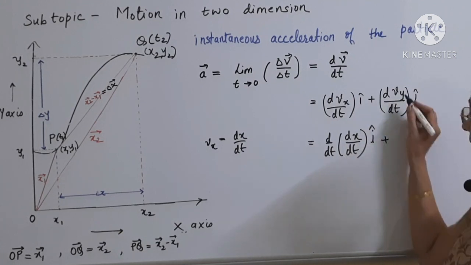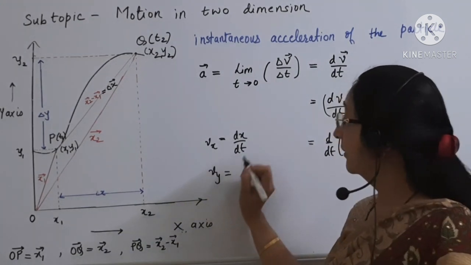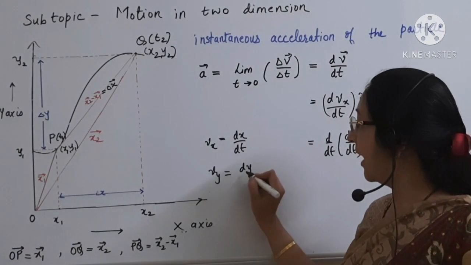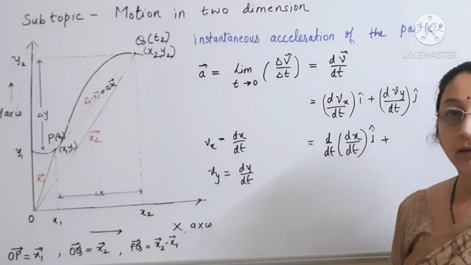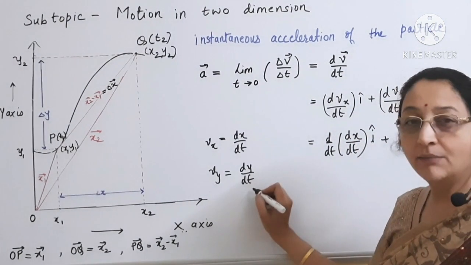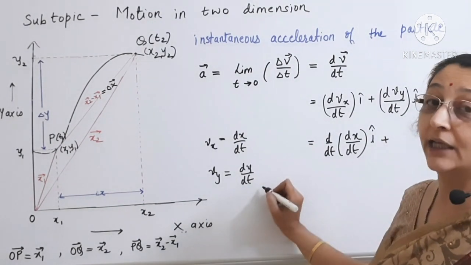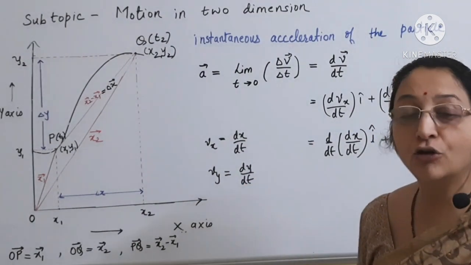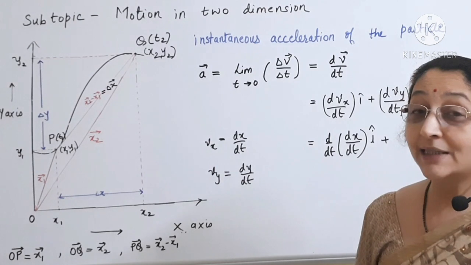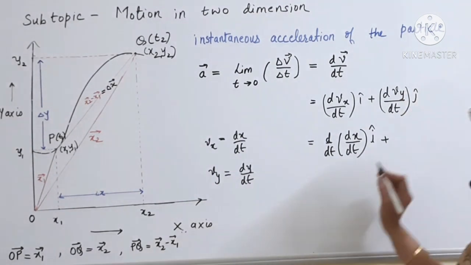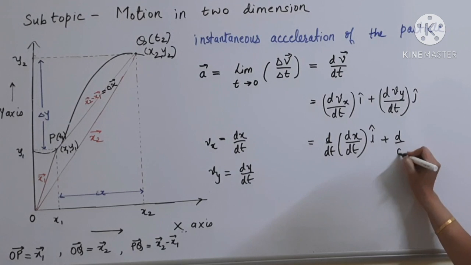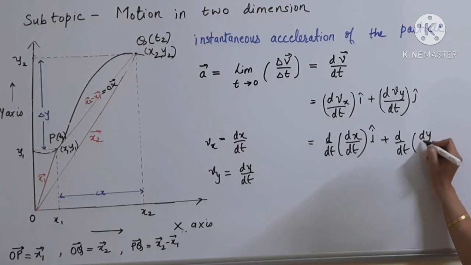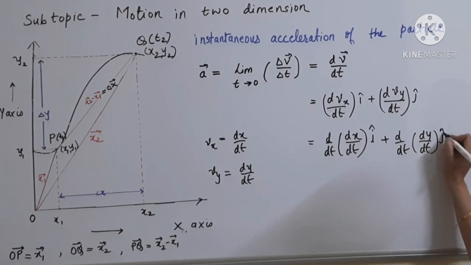Now इथे आता हा vy आहे. vy is the velocity along the y direction. किती आहे? dy upon dt, the change in position upon the time taken. So d, पण हे limiting value आहे. इथे ही जी value आहे ती instantaneous value आहे. ही instantaneous velocity along the x direction आहे. ही instantaneous velocity along the y direction आहे. टाइम कसा आहे इथे घेतलेला? टेंडिंग टू 0. सो इथे मी कसं लिहिलं? d dt हे लिहून घेतलेलं आहे आणि vy च्या ऐवजी मी इथे लिहिते dy by dt j.